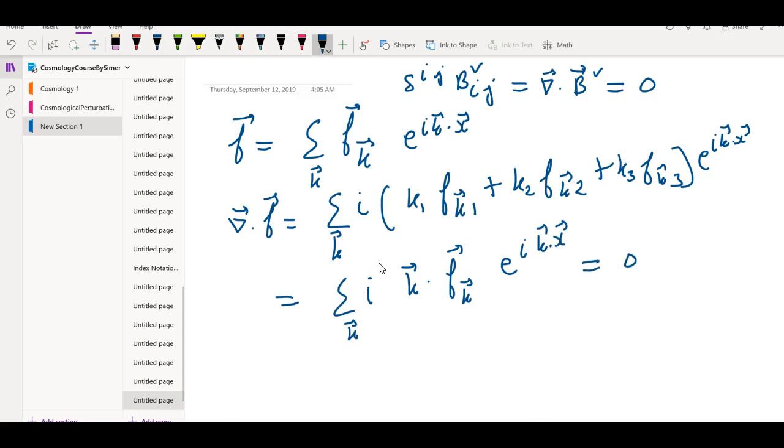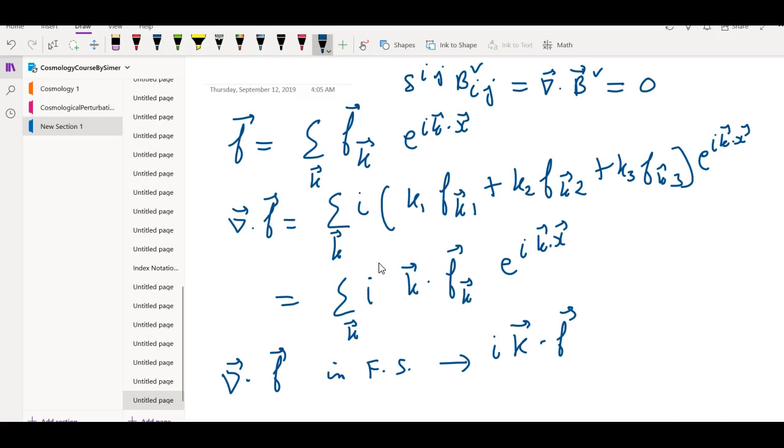So basically let's first of all note that del dot F in Fourier space becomes i k dot F, and if we get rid of this subscript k, in Fourier space the subscript is implied on the perturbation.